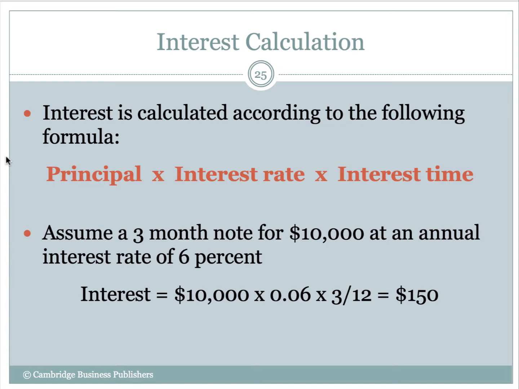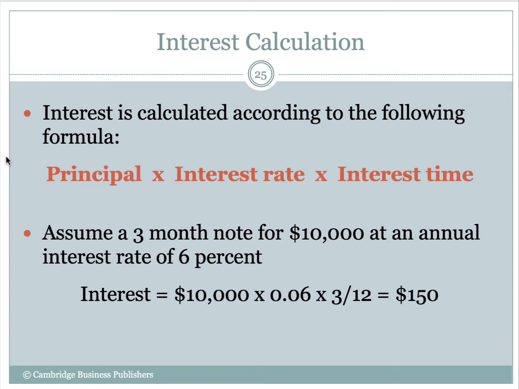Let's say we have a 3-month, $10,000 note. It has an interest rate of 6%. That 6% is the annual interest rate. We're selling merchandise worth $10,000, and that person said they're going to pay us back in 3 months. Not a problem. We want you to sign a note, and we're going to charge you some interest on this.